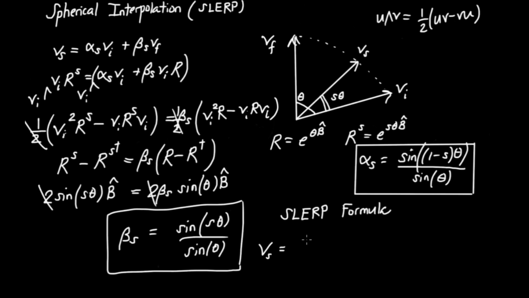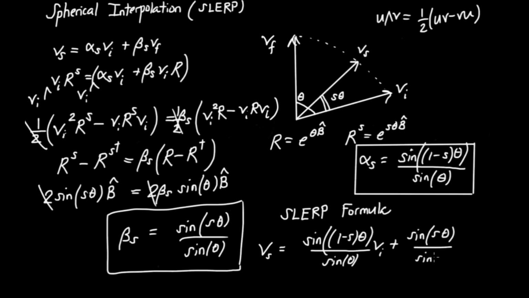The coefficient out front of vi, the initial vector, is going to be sine of (1 minus s) times theta divided by sine theta, times the starting vector vi, plus sine of s theta divided by sine theta times the final vector, the destination vector.